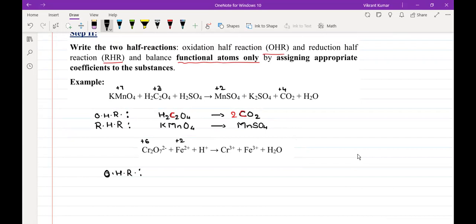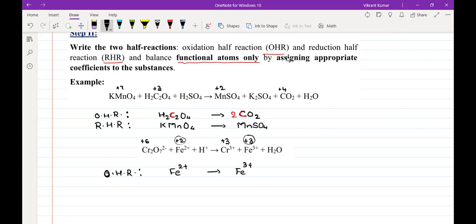Cr2O7 2-, Fe2+. Okay, we need to write the oxidation half reaction, so we need to see in which one the oxidation state is increasing. And that's why I'll write +3 here, and going from +2 to +3 is an increase in oxidation state, and that will be called the oxidation half reaction, and that's why we'll write Fe2+ giving Fe3+.